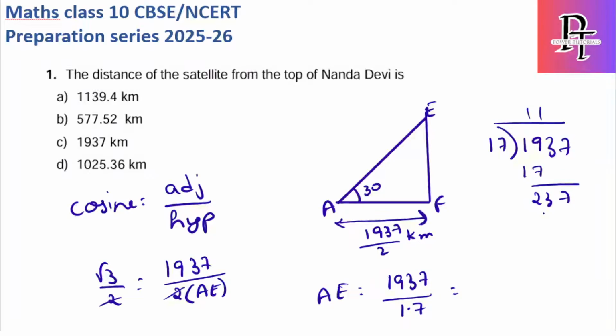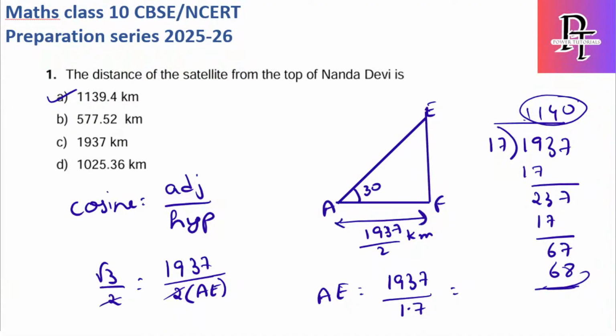Again 17, 1, 17, you get 67. 17, 16, 5 is 80, 17, 3 is 51, 17, 4, 68. So it is closer to 4. I'm taking approximate values, so it should be 1140 some value. If you notice here, the closest one is this one, which is 1139.4. In this way the first question is solved.